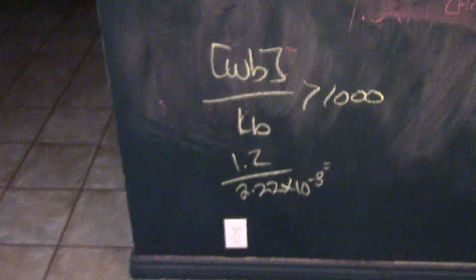All right, so let's do this. So this is going to be 1.2 over 2.22 times 10 to the negative 8. I want to know if I can cancel that negative x out. So that's this 5% rule.